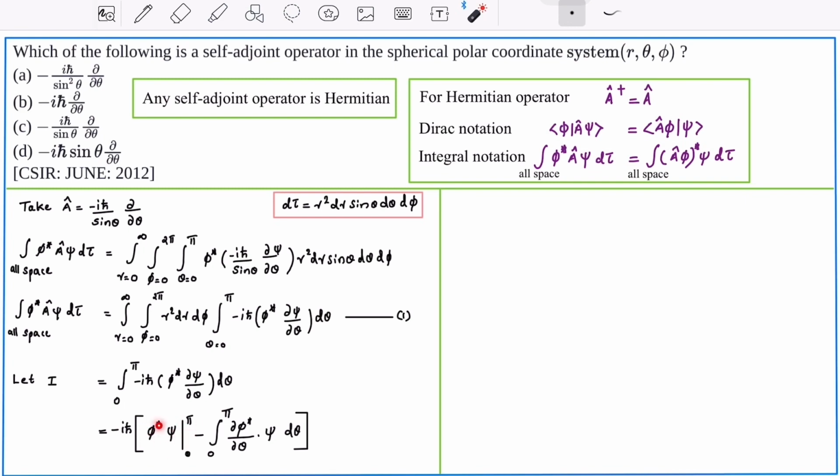Now, what is the first term? We know that as theta tends to 0 or theta tends to pi, the wave function phi tends to 0 and also the wave function psi tends to 0.